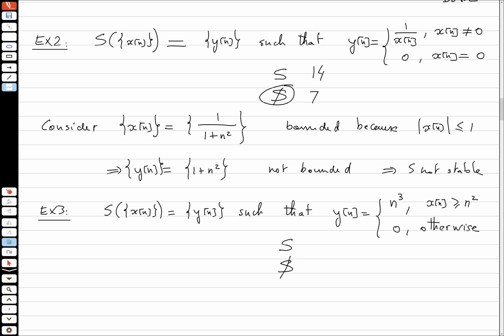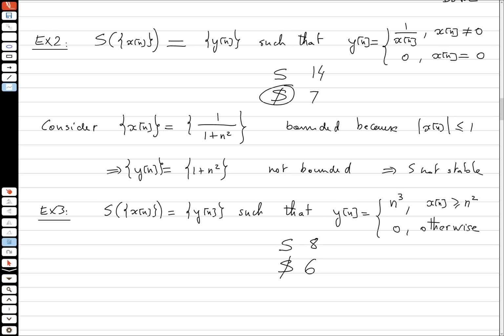Let's vote. How many of you vote this is stable? How many of you vote this is not stable? Why do you think it's stable?